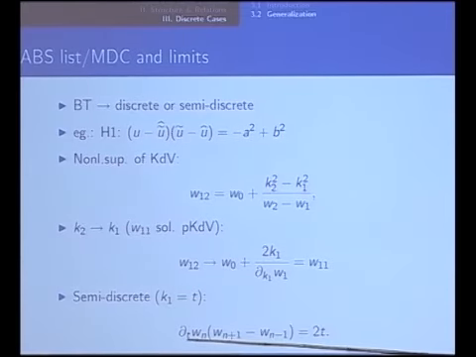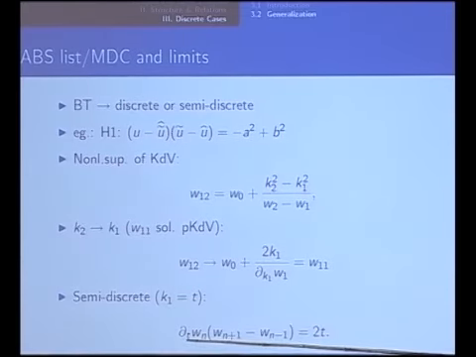So for this equation, if we consider K1 to be T, then we can get such a semi-discrete equation. So that means we start from a lattice equation and we come back to a semi-discrete equation.